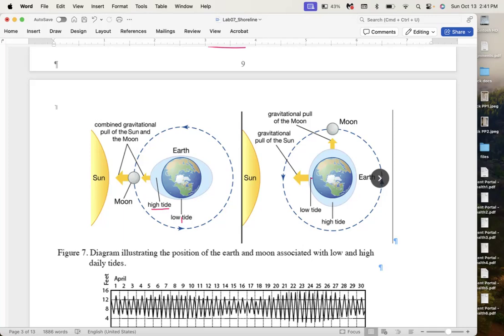So the low tide is over here, so you get a lower high tide and a higher low tide when the moon is in the quarter here and here. And here you get a much lower low tide and a much higher high tide.